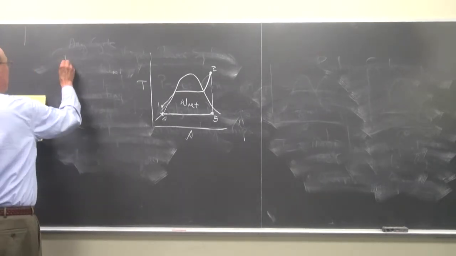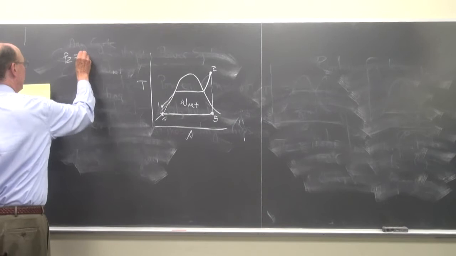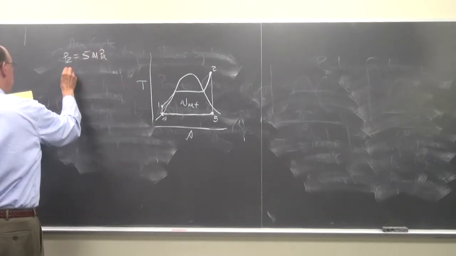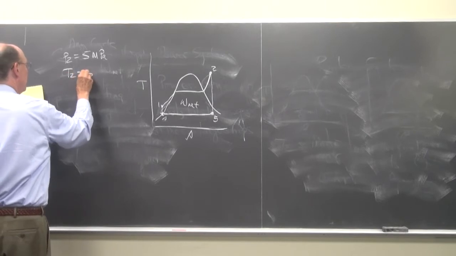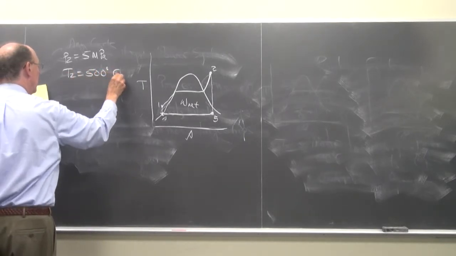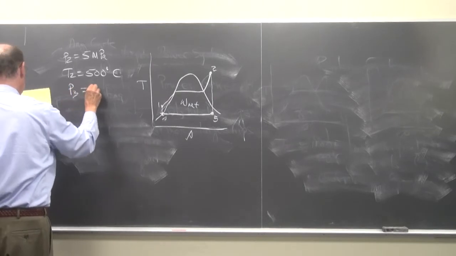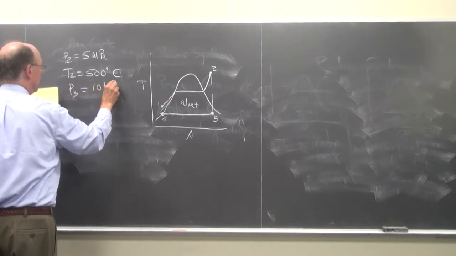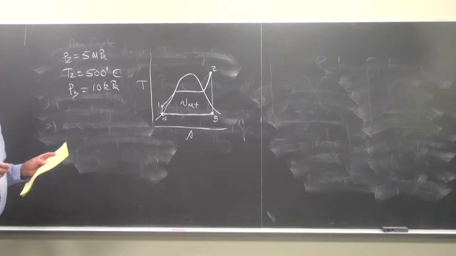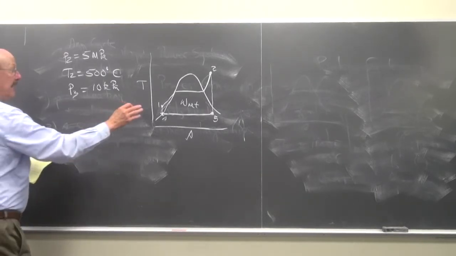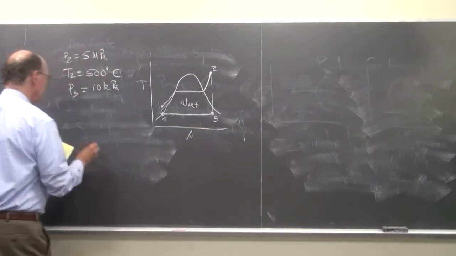So let's say that P2 is equal to 5 MPa, T2 is 500 degrees C, and P3 is equal to 10 kPa. Now what we're going to do is look up the enthalpies in the steam table. At state 2, it's superheated.